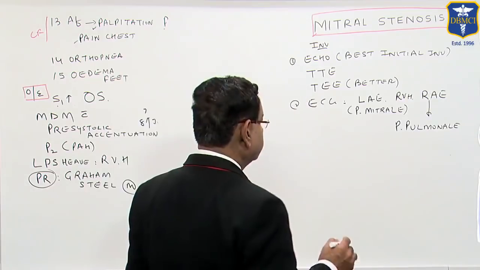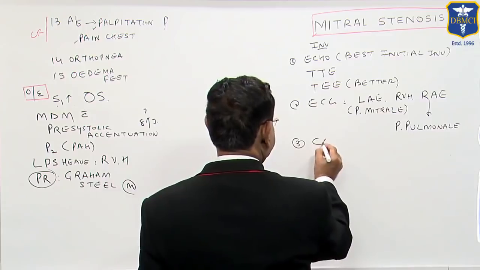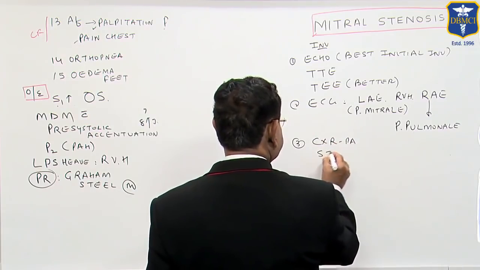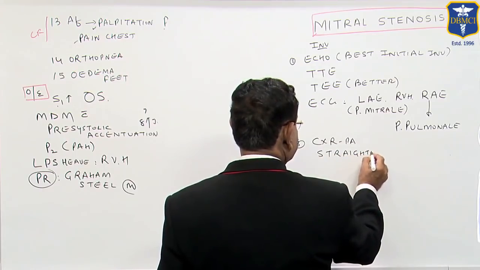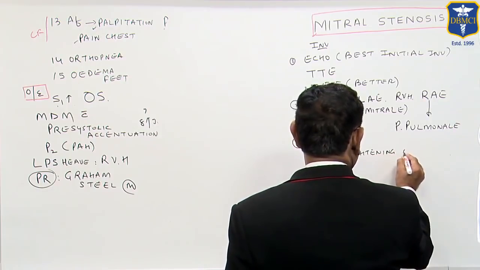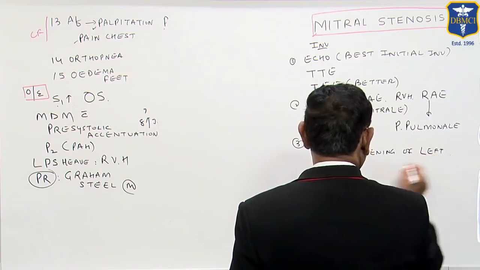In chest X-ray, PA view, you get straightening of the left border of the heart.